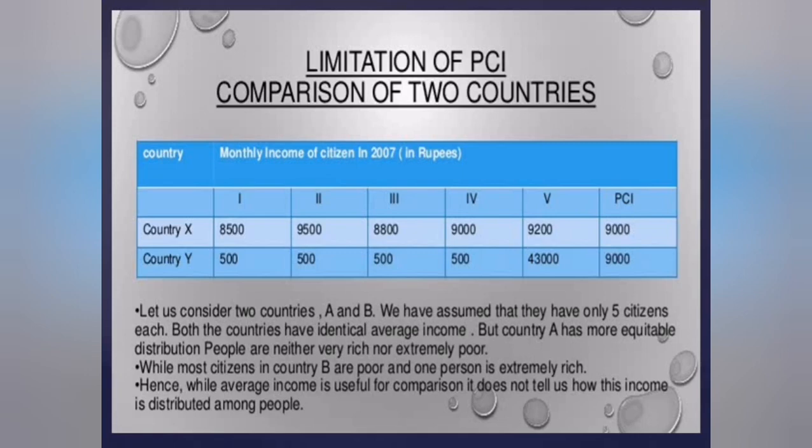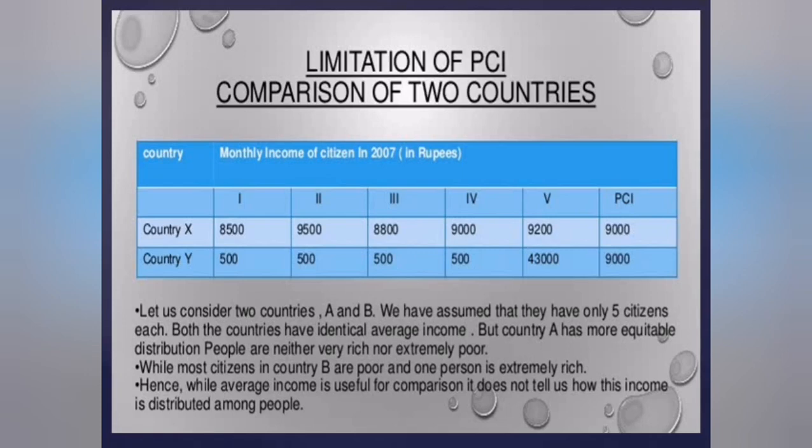But this per capita income can't represent the income level of all persons in this country. Why? Because 4 persons' incomes are very low and only one person's income is more than a minimum level. So this average income, the per capita income, can't identify the development of all these persons.